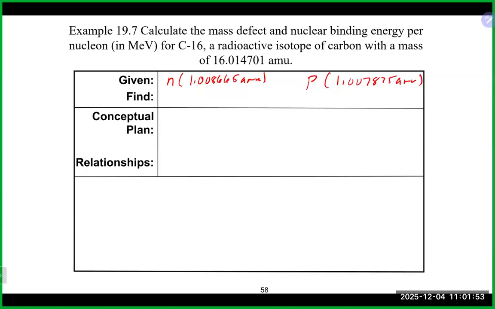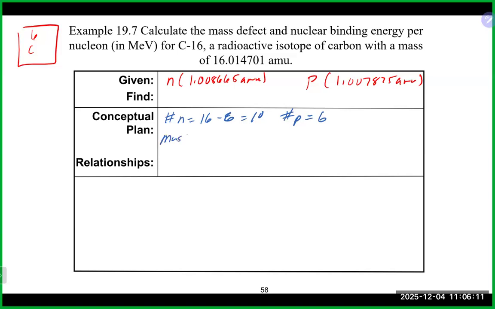All right, good to go. Obviously, carbon is number 6 on the periodic table. Okay, let's take a look here. So our number of neutrons should be 16 minus 6, which would be 10. And obviously our number of protons here should be 6.